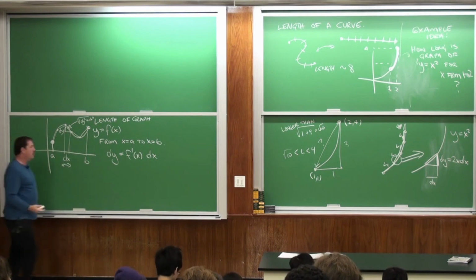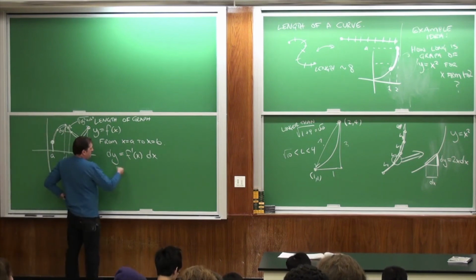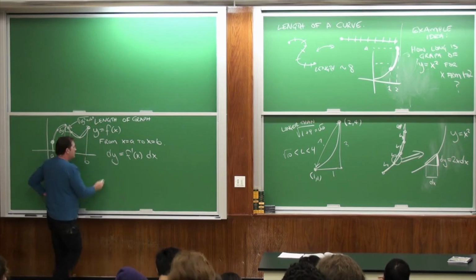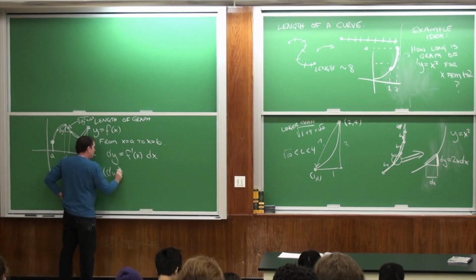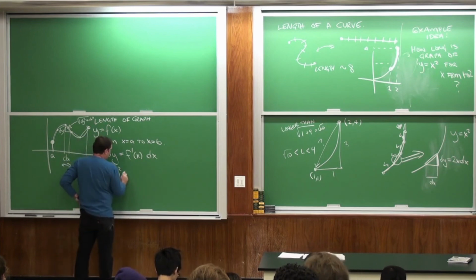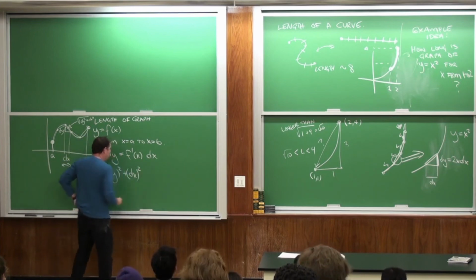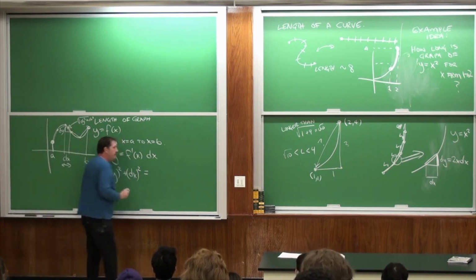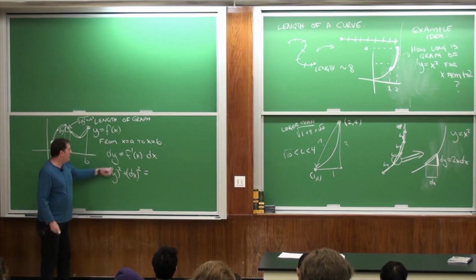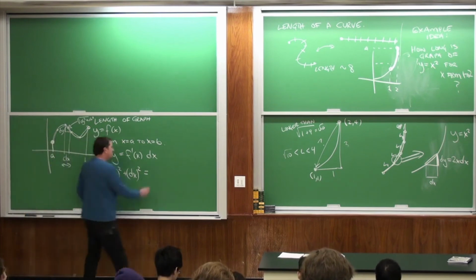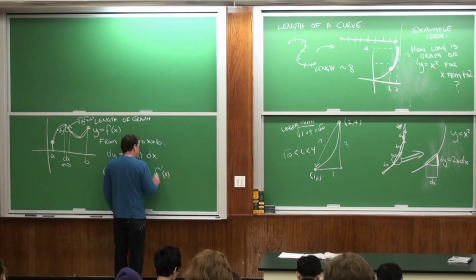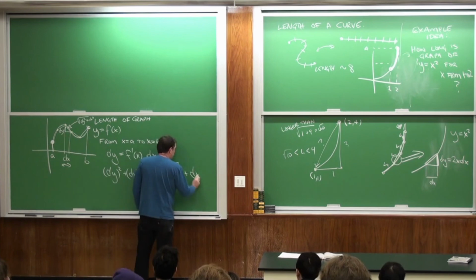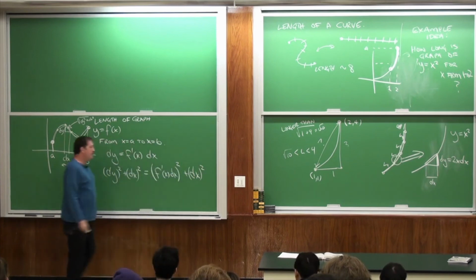Or, if you prefer, we can rewrite this all in terms of dx, factoring the dx out. So dy squared plus dx squared, which is the bit underneath the square root, is f prime of x dx squared plus that dx squared that I had before.